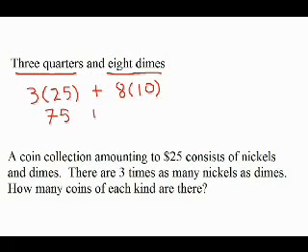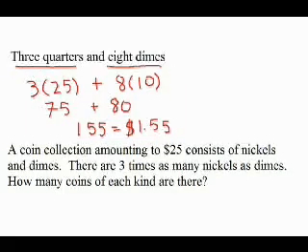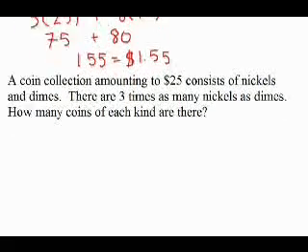And if I have 8 dimes, then that's 8 times 10. So all together there I have 80 cents. And then if I add those two amounts together, I have 155 cents. Now, if we have 155 cents, another way to write that is $1.55.